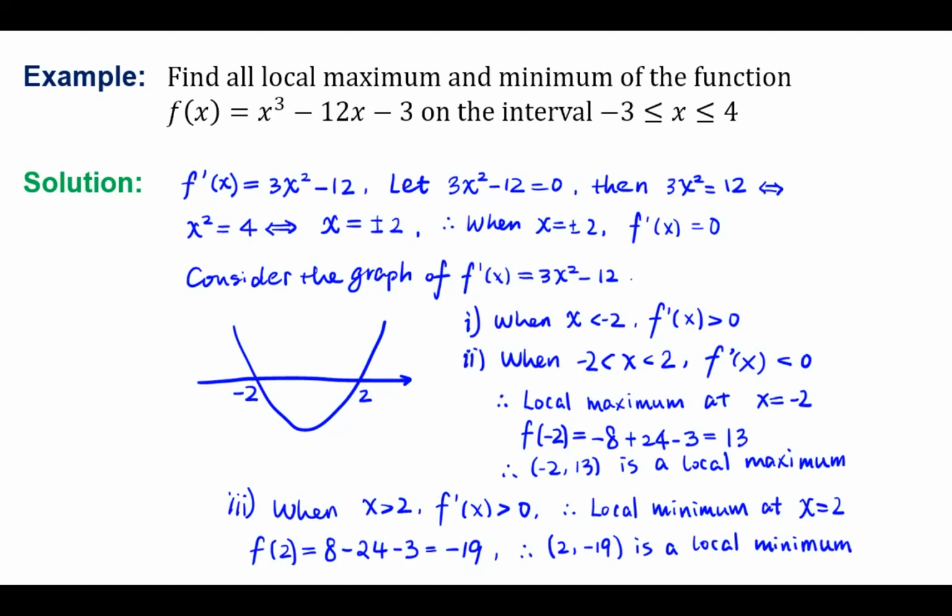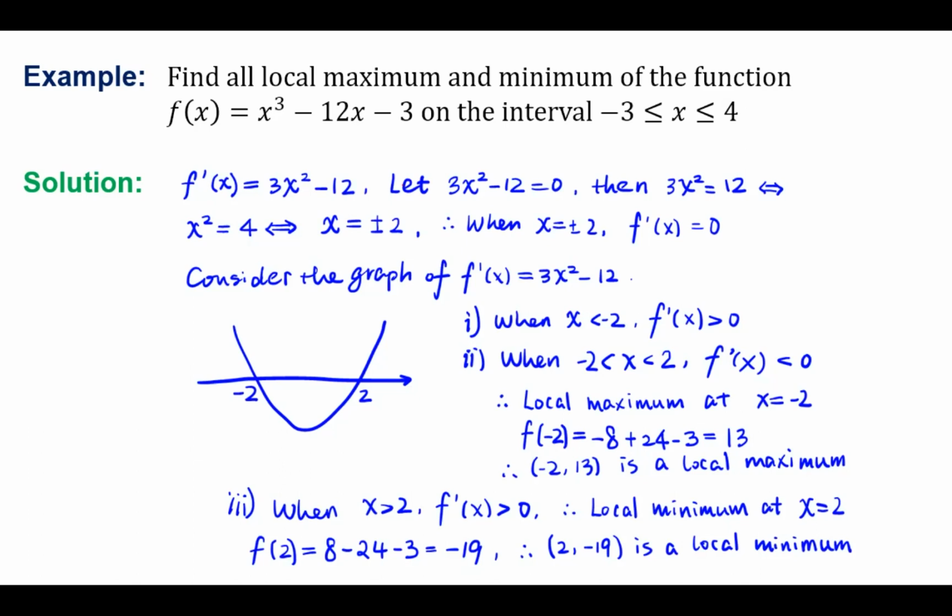Also, according to the graph of the first derivative, we also know when x is greater than 2, the first derivative is greater than 0, right? And when x is less than 2, the first derivative is smaller than 0. Therefore, we know the first derivative changes sign from negative to positive before and after x equals 2, right?